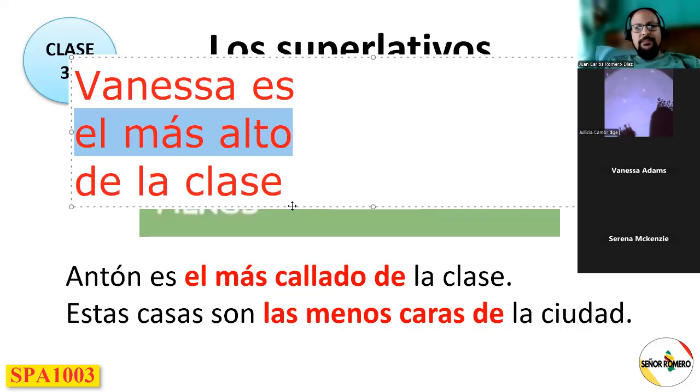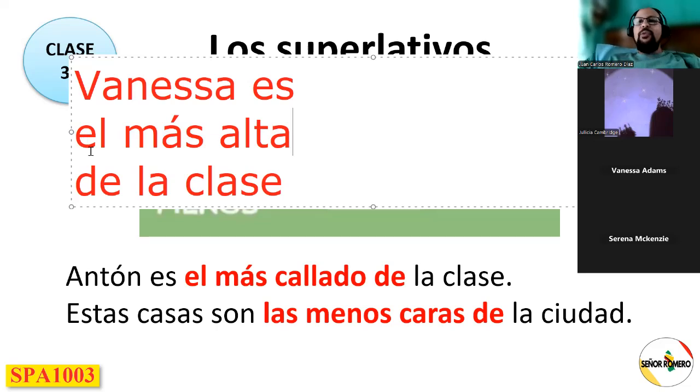Sir, the first thing, you gotta change the O for alto into A. That's one of the most important things. And the second thing that I have to change, guys? The el, because I'm not a boy. Of course, él is because the other person was a boy, but now it's la because it's a girl. So Vanessa es la más alta de la clase.